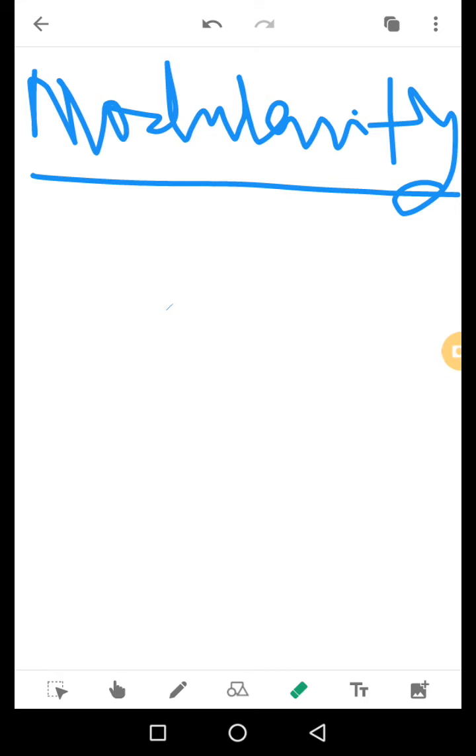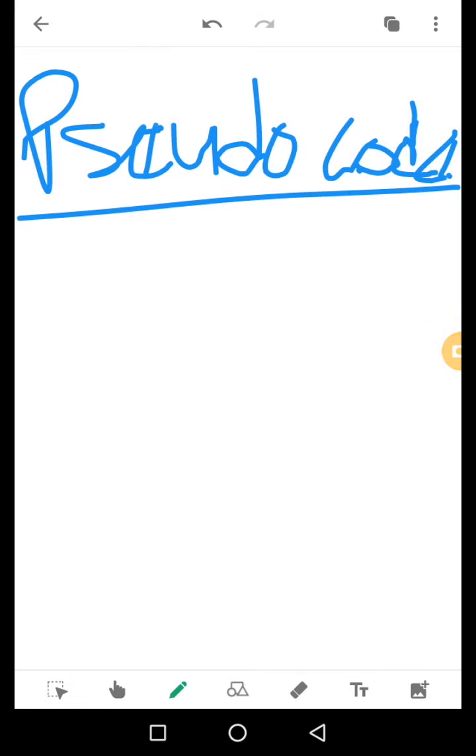So that's all about modularity. So we want to have a look at unit 4. For this unit 4 now, pseudocode. When we say pseudocode now, it's a non-formal language. It's a way to create a logical structure.